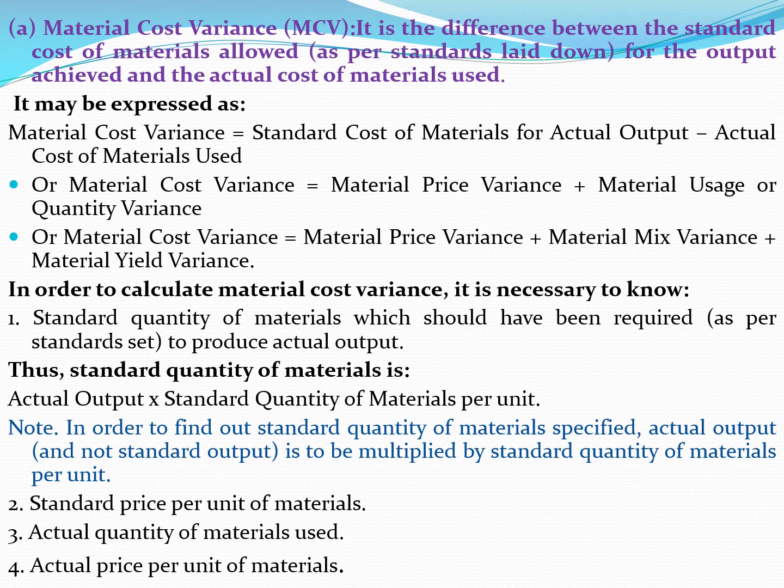It is the difference between the standard cost of materials allowed, as it is there in the standard sheet, for the output achieved and the actual cost of materials used.